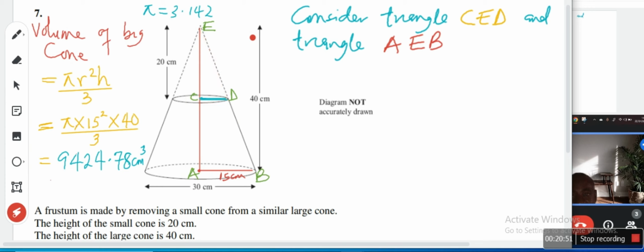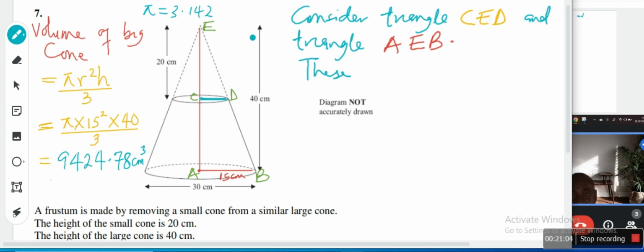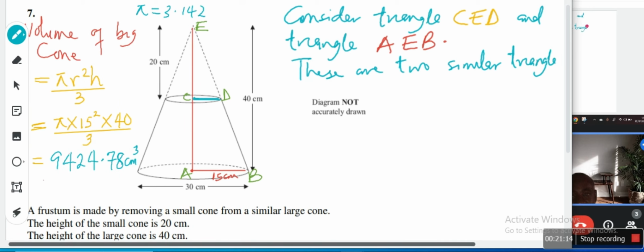Because they are similar, their sides are corresponding. Consider triangle CED and triangle AEB. Alright, so I can add that these are two similar triangles. Whenever you have similar shapes, you can compare the sides.